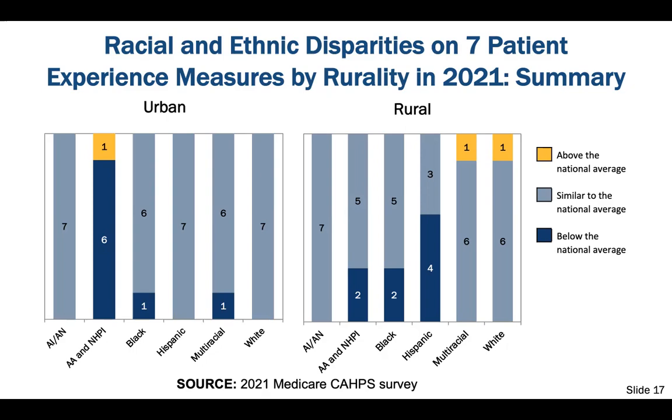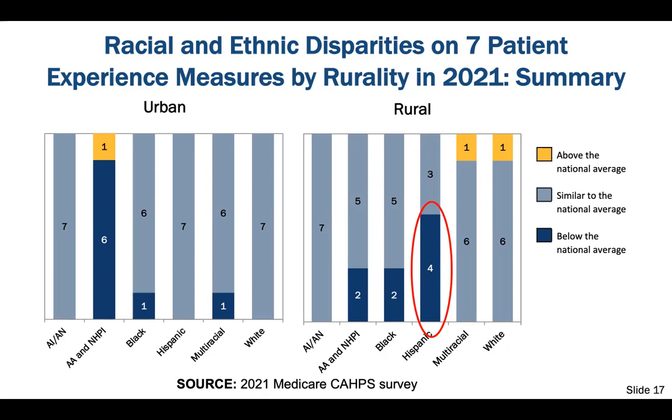So this is just an example of the kind of multiple stratification that CMS does to try to understand and improve these differences. Next slide, please. Likewise, this is another example of stratification.